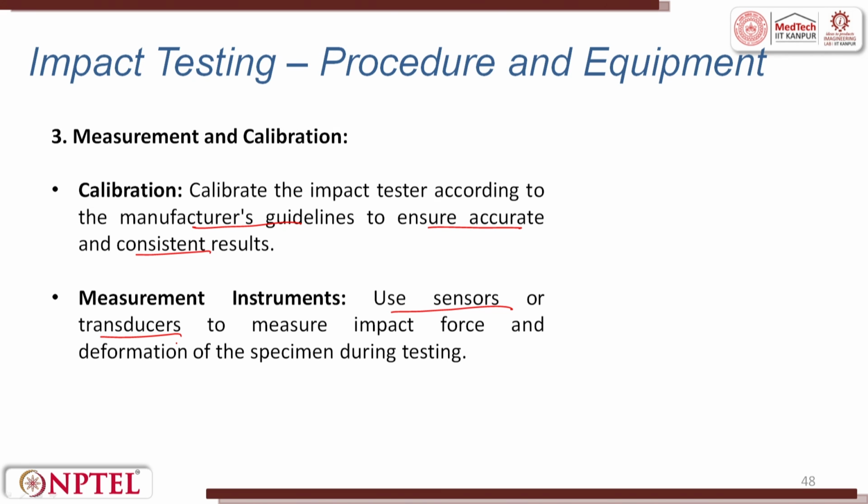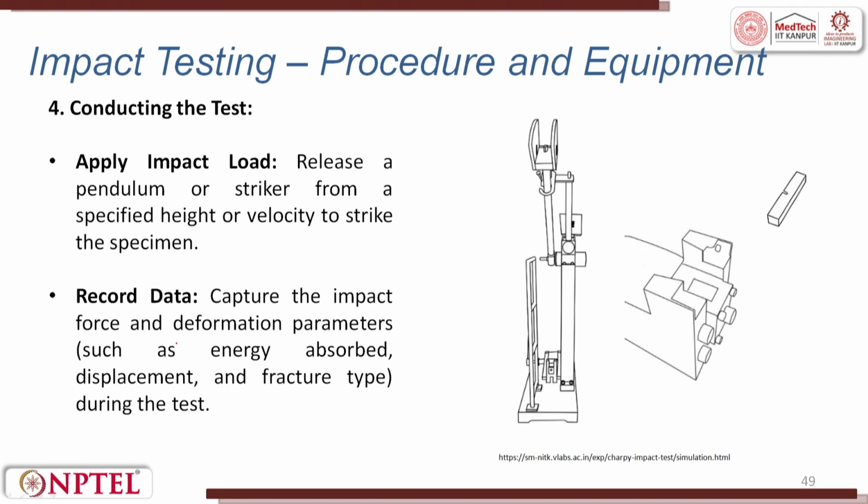Then we conduct the test. Apply the impact load: when the load is held here, it is carrying potential energy, and it is released. The pendulum or striker is released from the specified height or velocity to strike the specimen. Here kinetic energy is maximum.